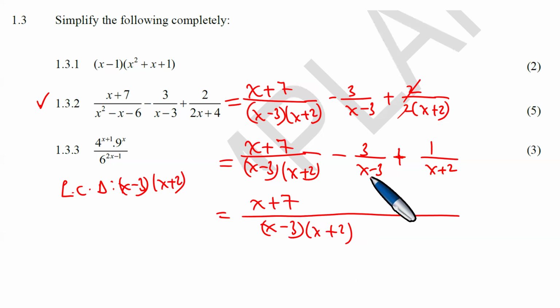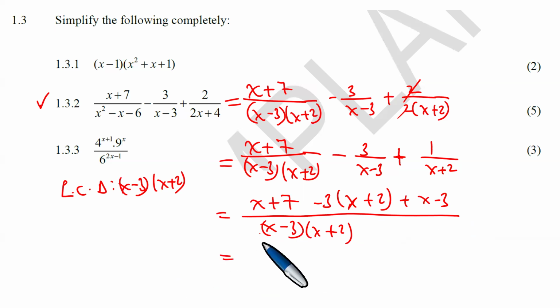This one divided by x minus 3 cancels, and you're left with x plus 2, then x plus 2 times minus 3. Plus, we divide this whole thing by x plus 2, and we get x minus 3.